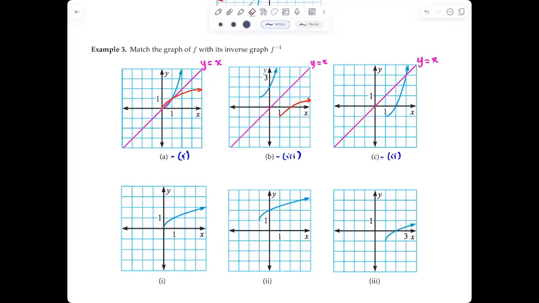I'm very glad that I typed everything out, otherwise I cannot draw it at all. Do you see the corresponding graph between the original function and the inverse?